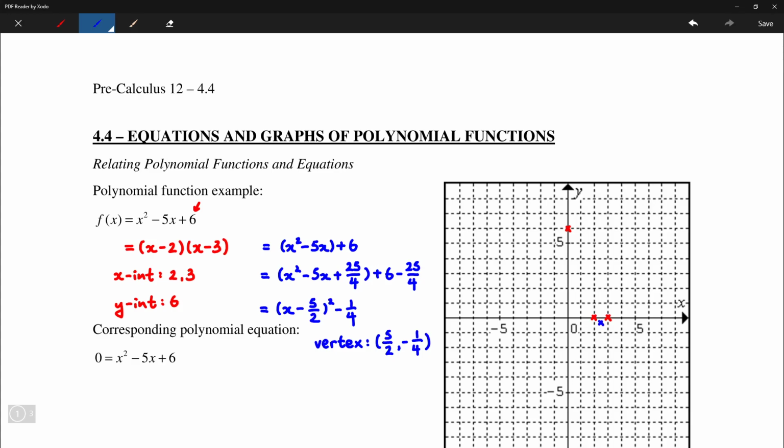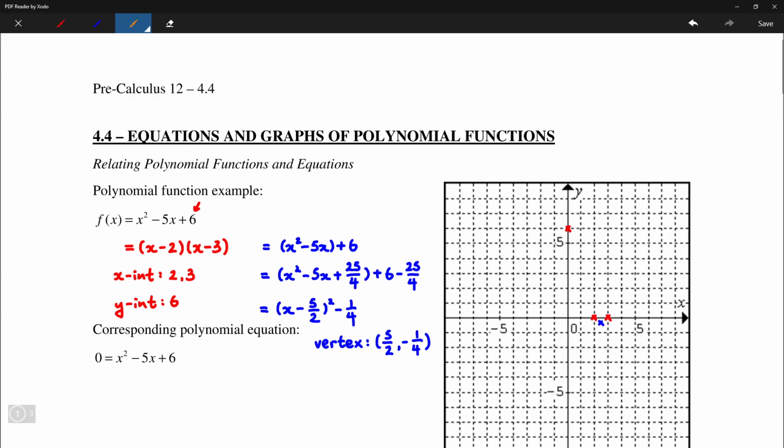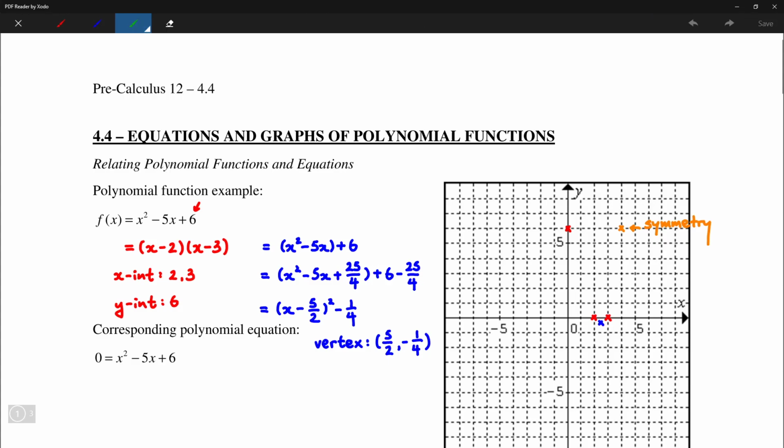Okay, so what we can also do is use the fact that the parabola is going to be symmetric above the vertex, and we'll get a point 4, 6 here as well. Okay, so this parabola can be plotted, and it will look something like this.